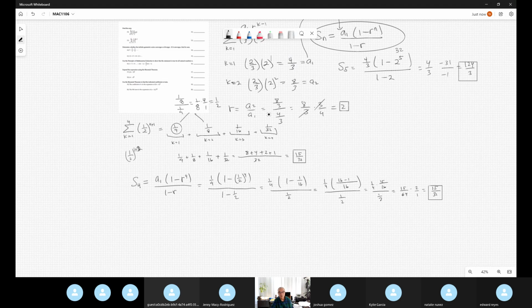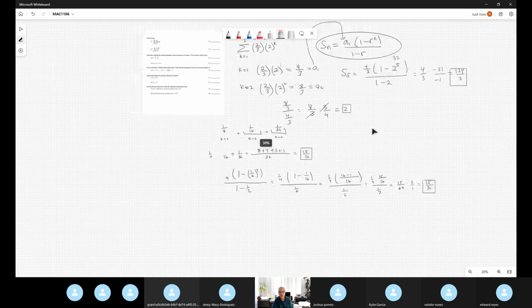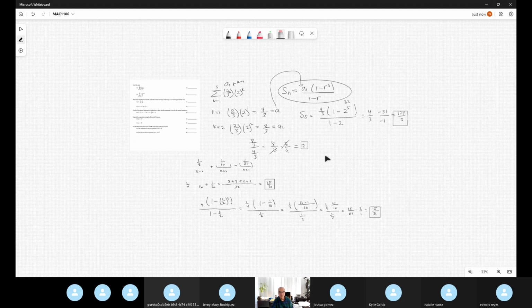Okay, let's move to the series. Series is, you know, infinity. And the only thing you have to remember is whether the series converges or diverges. When it converges, it's because the summation gives me one number. And when it diverges, it's because the summation gives me infinity.